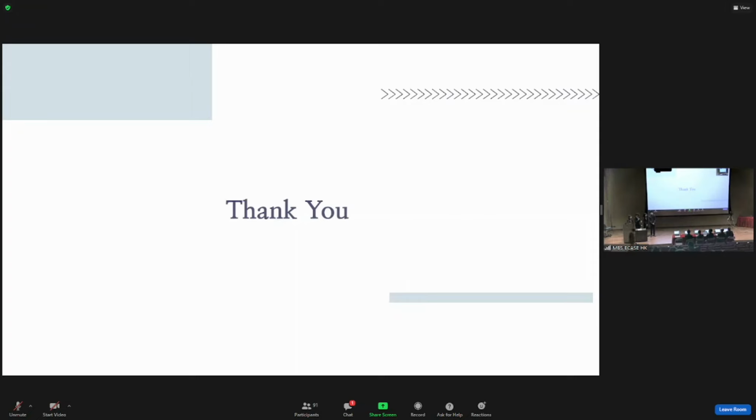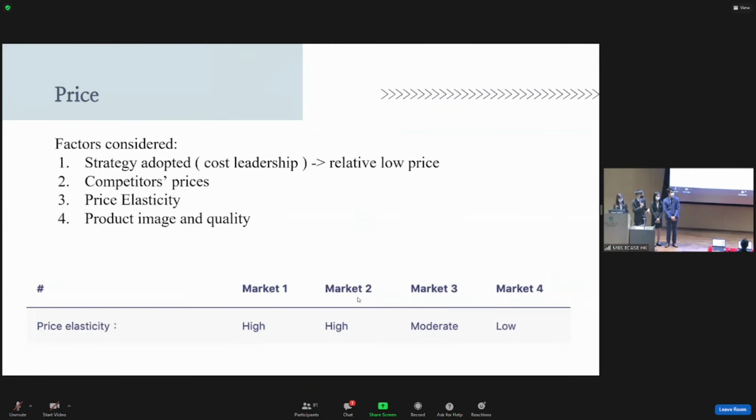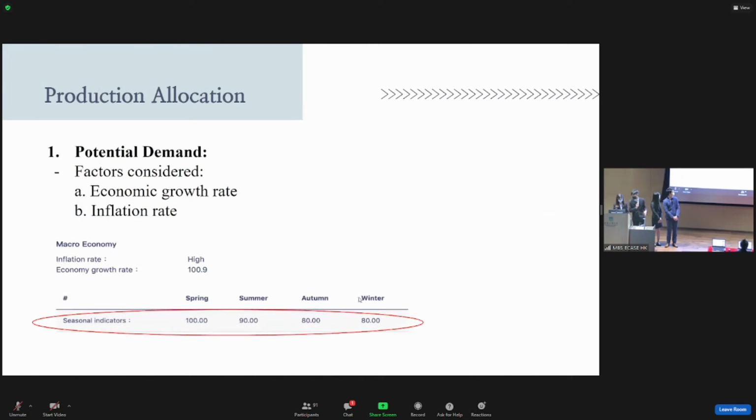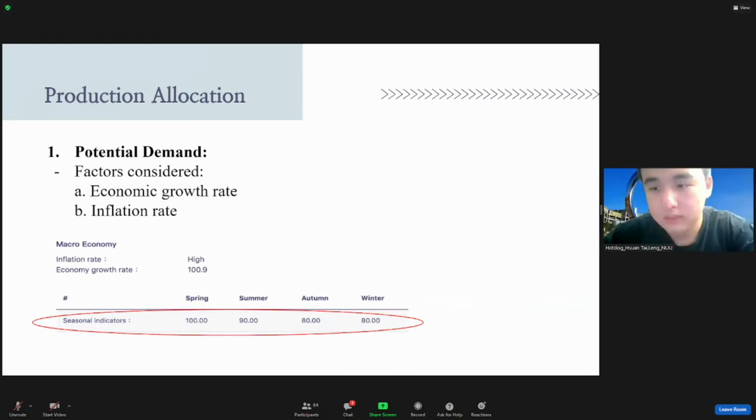So while we decided to use the cost leadership strategy today, we think that for R&D, we don't have to put that much. But as we noticed from the background information in the first round, we think it will be a good choice to put more into the market expense instead of R&D.